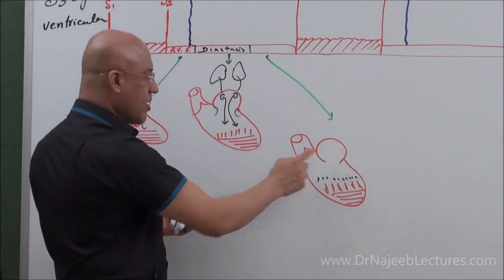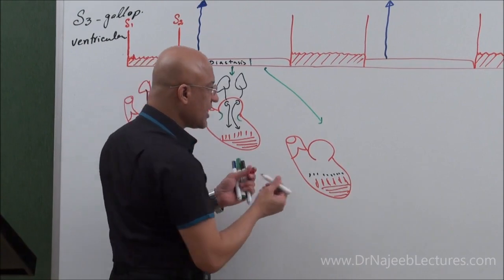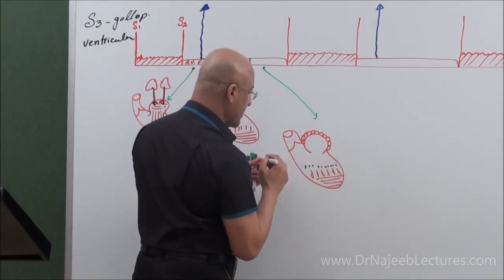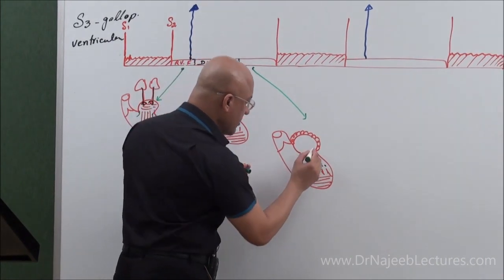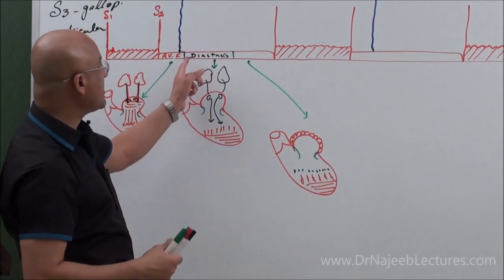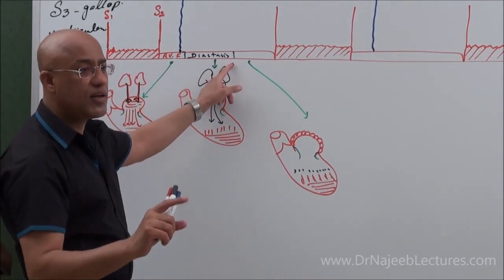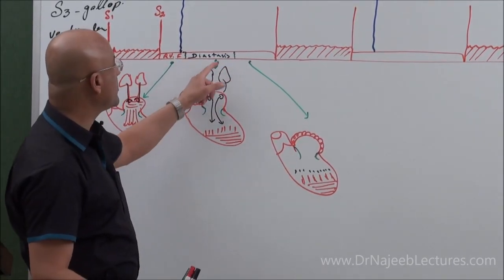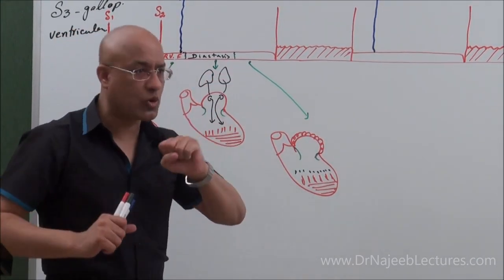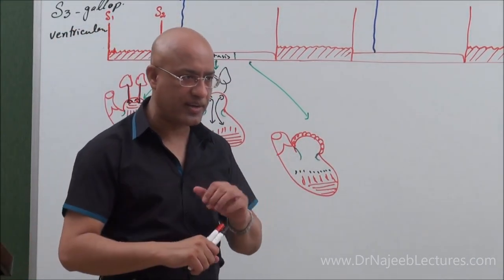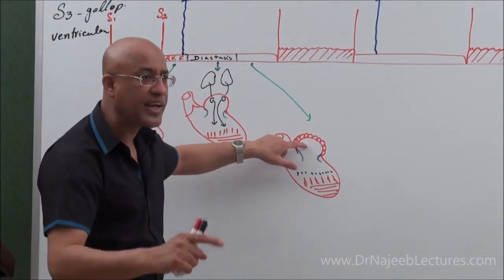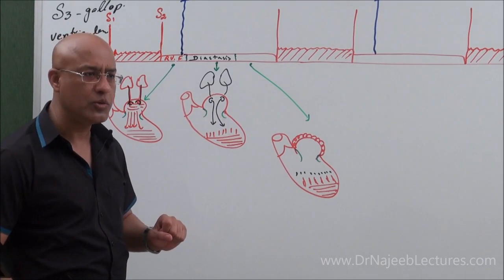After that, what happens? Suddenly the atria contract. This is the time when the atria contract. Now why, at the end of ventricular filling time, do the atria need to contract? The atria have to contract to do additional final filling of the ventricle.